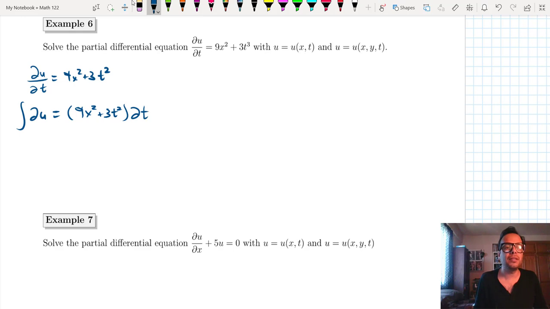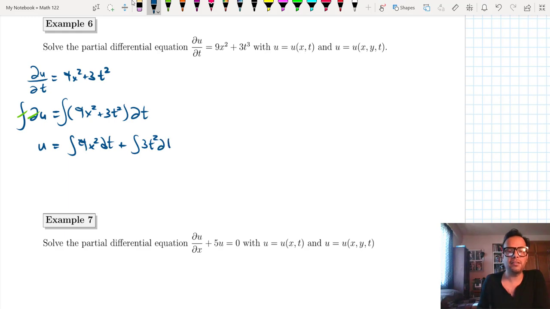And all we do is integrate both sides, cancel the integral with the differential to get u equals, in this case I'm going to have two integrals, the integral of 9x squared partial t plus the integral of 3t squared with respect to t.